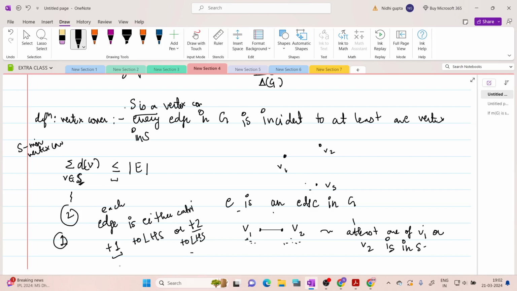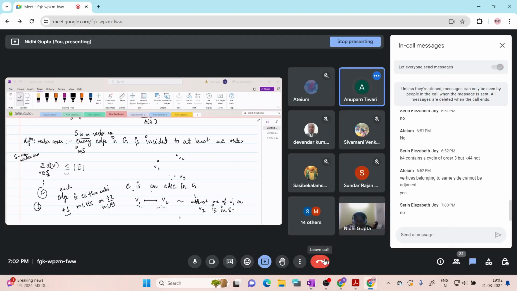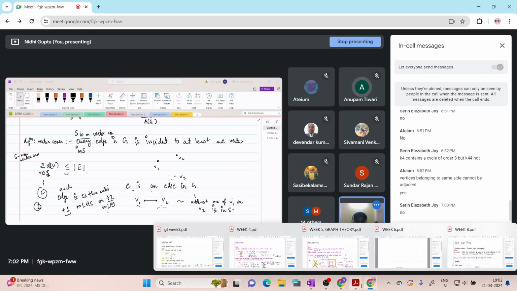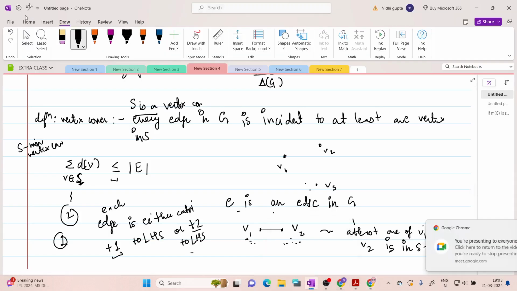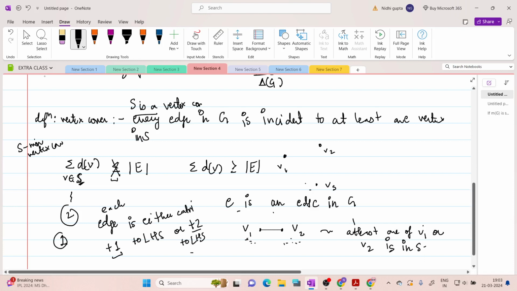If each edge is doing this, then what should be the relation? What is the smaller term? Then the number of edges is the smaller term, because one edge can contribute either 1 or 2 to the LHS. So is it clear? So we see that this is wrong. We have that the sum of degrees of vertices is greater than or equal to the number of edges.